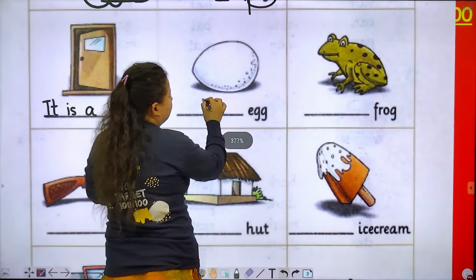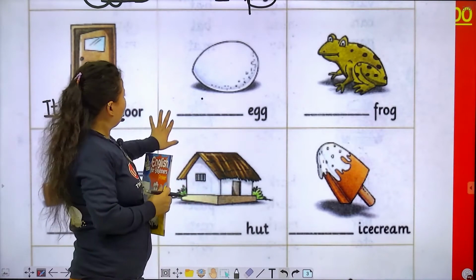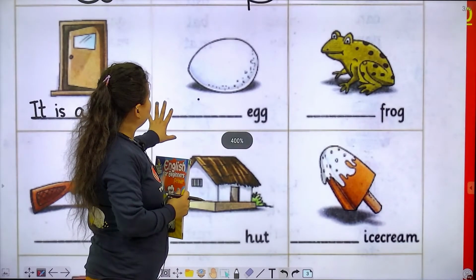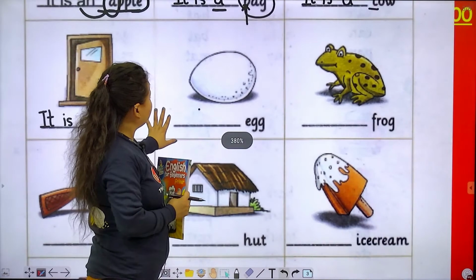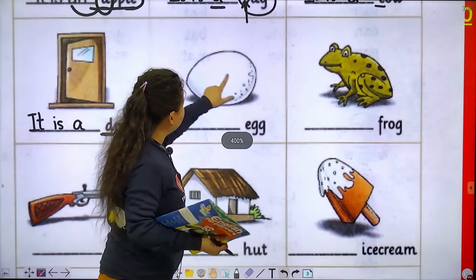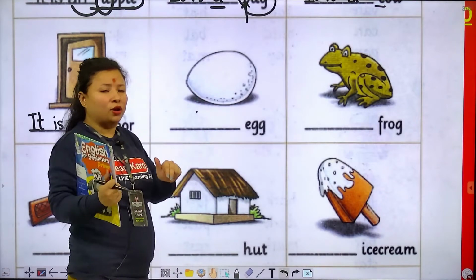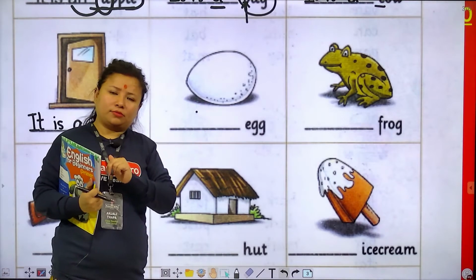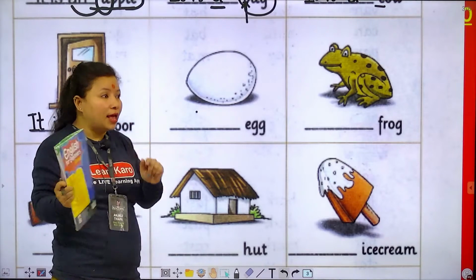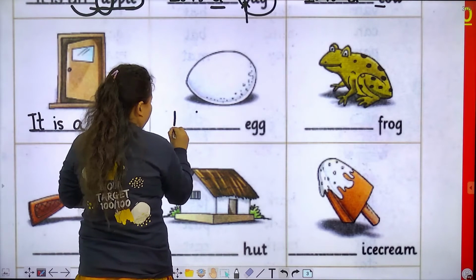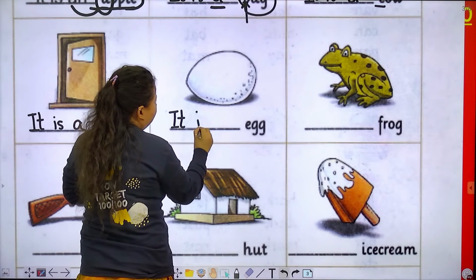Now, next is, wow, its shape is oval and it is like an egg. It is an egg. Why am I writing an?